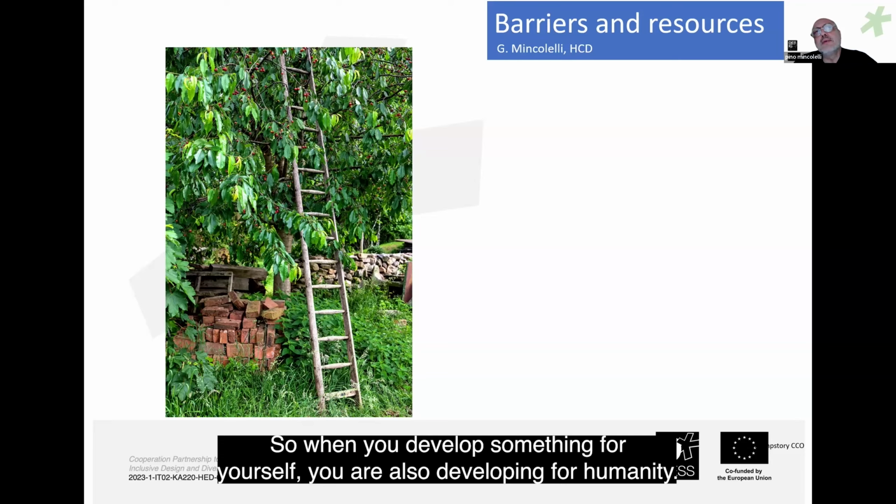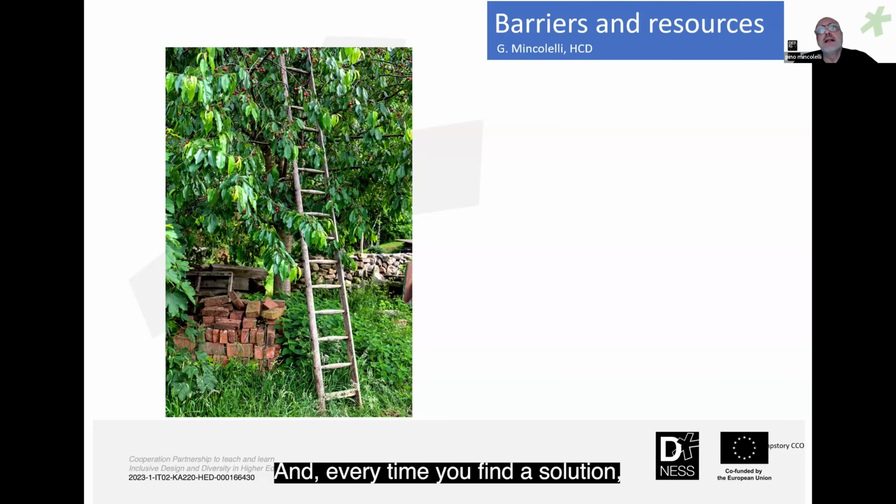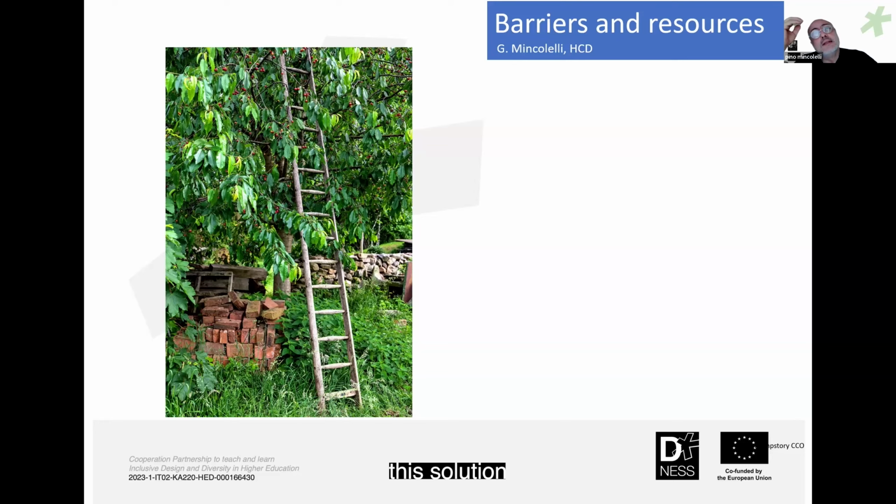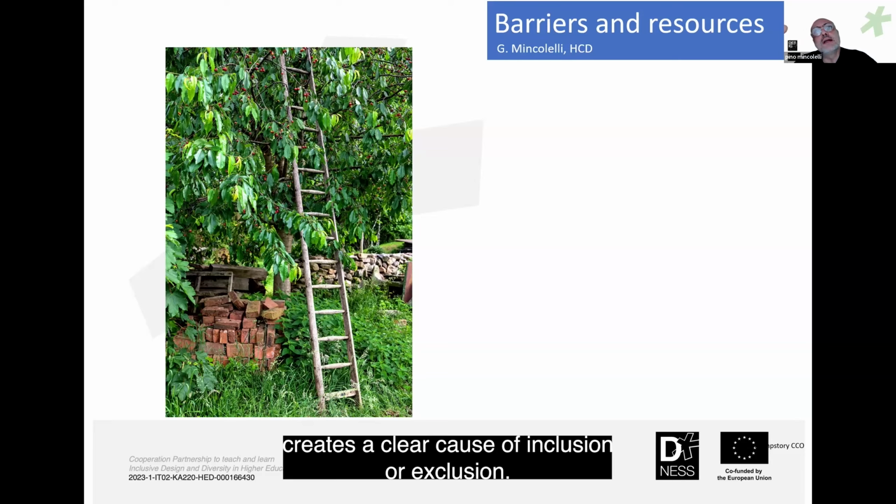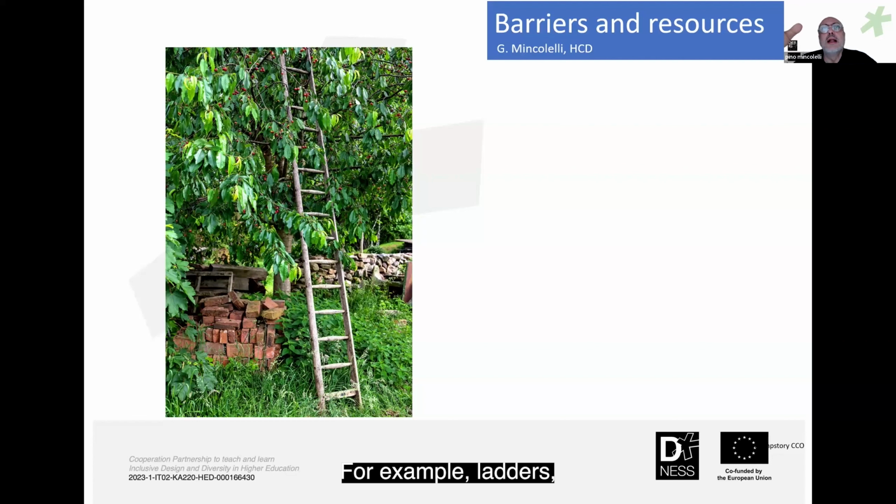So when you develop something for yourself, you are developing for humanity. And every time you find a solution, this solution creates a cause of inclusion or exclusion. For example, ladders are a way to reach fruits, but not everybody can use them.